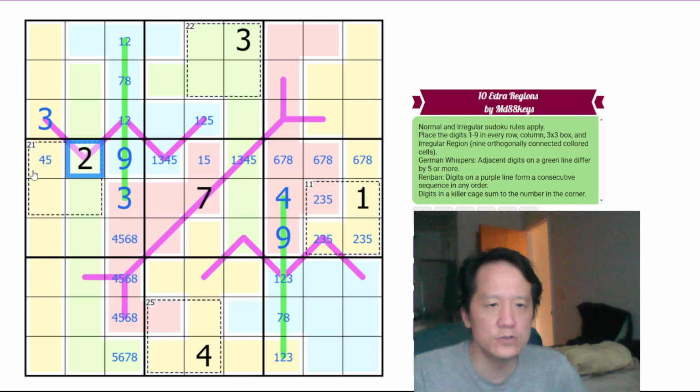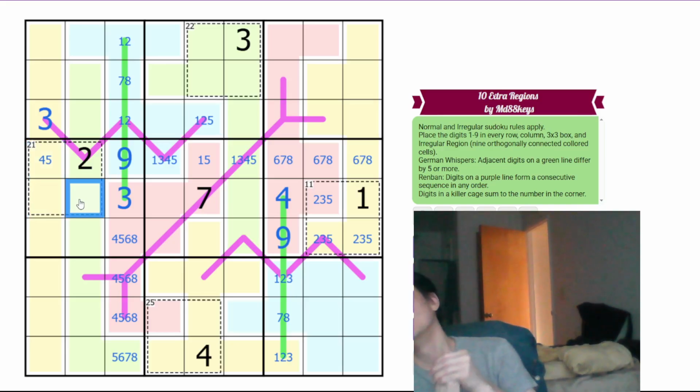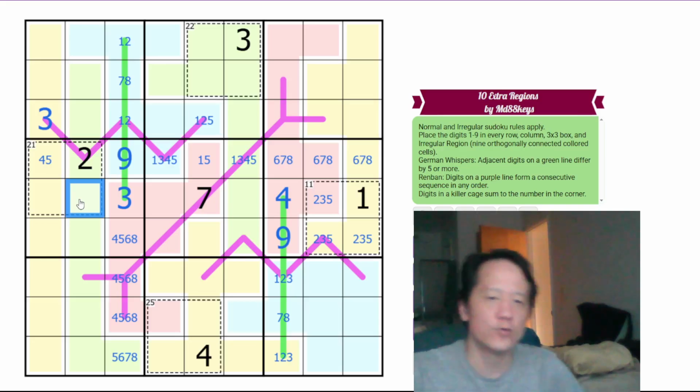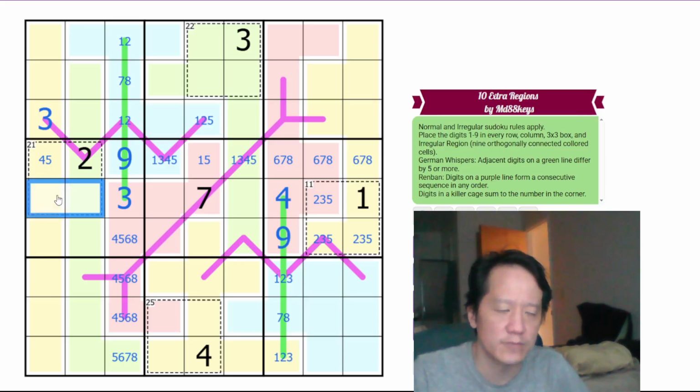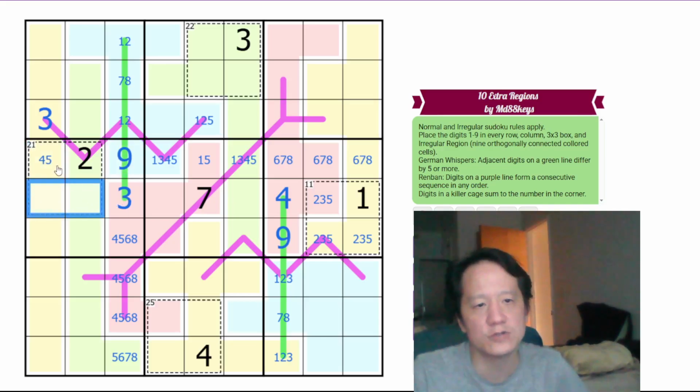This is 2, and the remaining digits add up to 19 with a 4 or a 5. If you have 4, it has to be 4, 7, 8 to add up to 19, right? 4, 7, 8 without a 9 adds up to 19, but this can't be 7. So this cannot be 4.